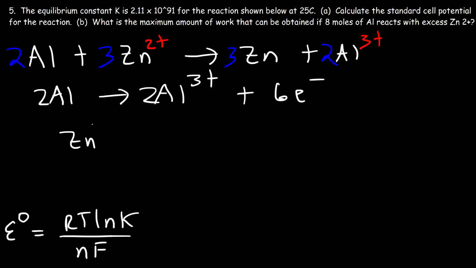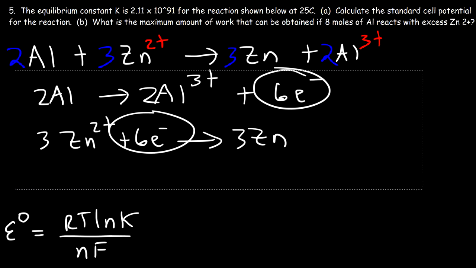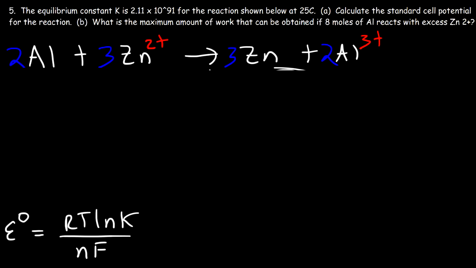Now, the zinc 2+ cation has to acquire 2 electrons to turn into zinc metal. And we have a 3 in front of it, so 3 times 2 electrons is also 6 electrons. So the number of electrons in the balanced overall reaction is equal to N. So N is 6 in this example.